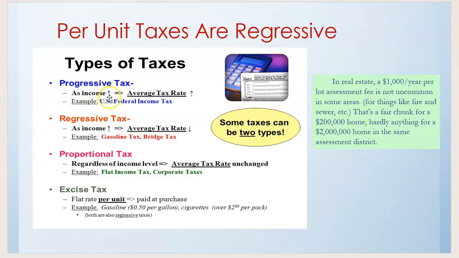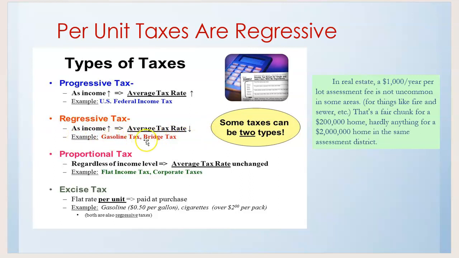Progressive taxes, the higher the income, the higher the average tax rate. Example, U.S. federal income tax, because it's structured with multiple tiers, and the higher the income, the greater the percentage. Regressive taxes, the higher the income, the lower the average tax rate.